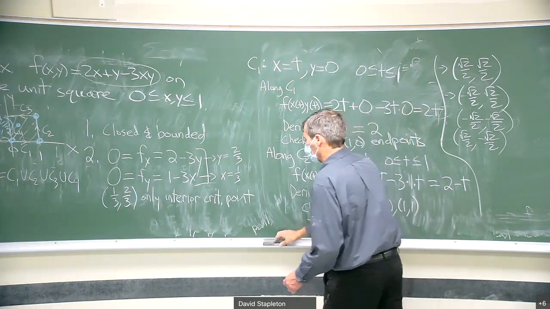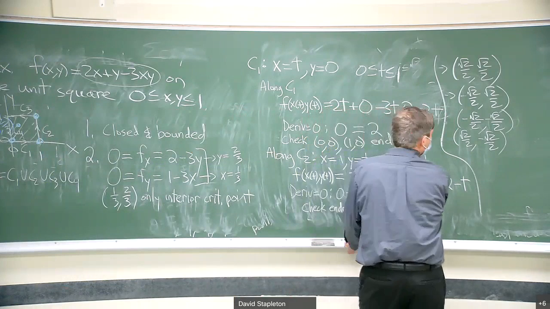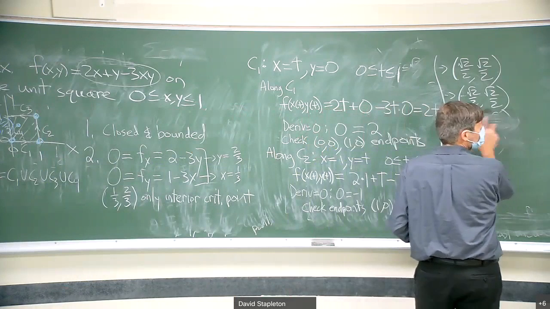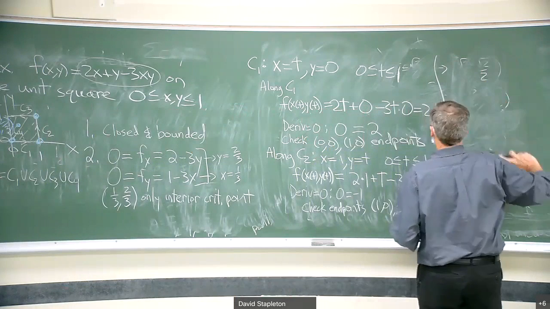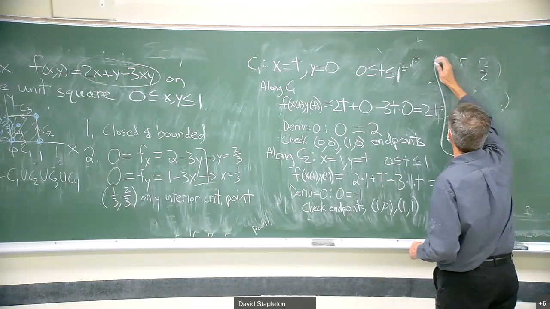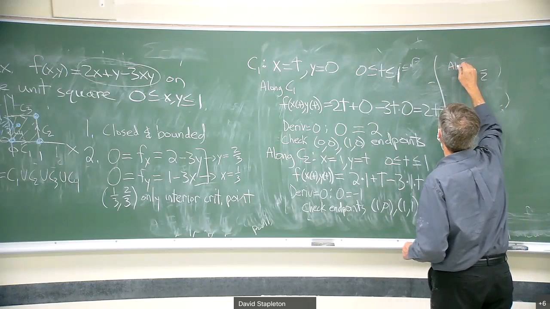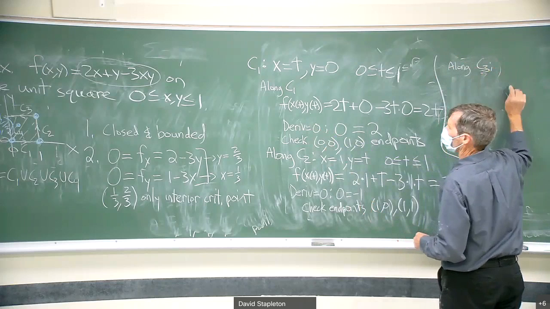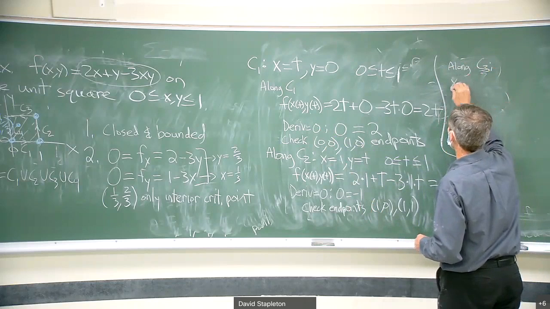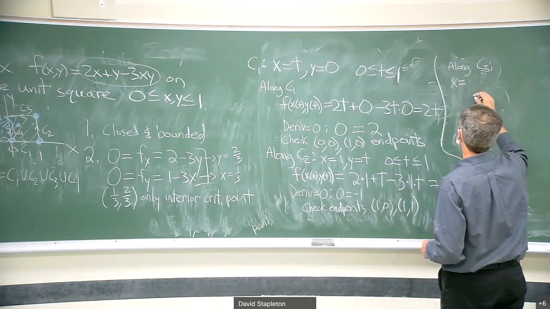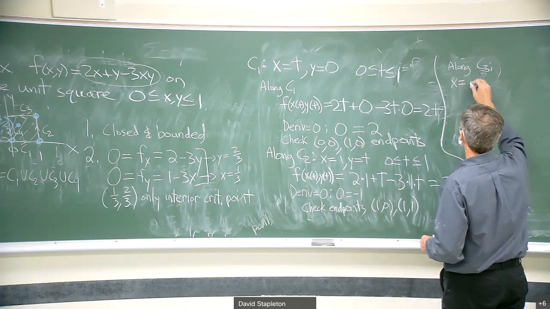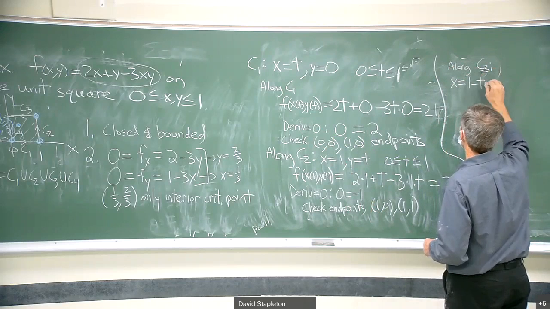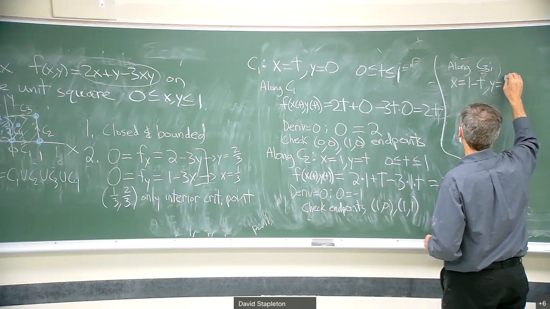And you do the same thing for the other two boundaries, right? Along C3, you look at the top of the square there. Now you have y equals 1, and x equals 1 minus t, y equals 1.